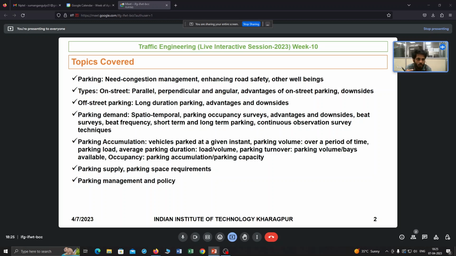But in case of perpendicular or angular parking, safety could be compromised, because after parking, when you want to depark and leave that space, there could be chances of accidents, because you may not be able to see properly whether there are any vehicles coming. Those kinds of demerits are also there.